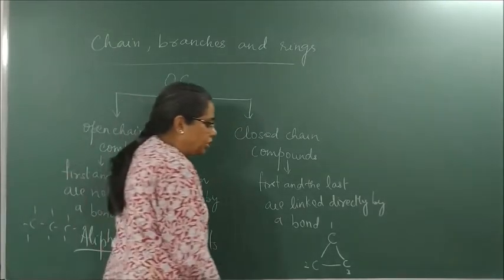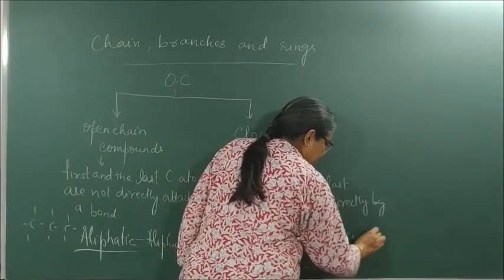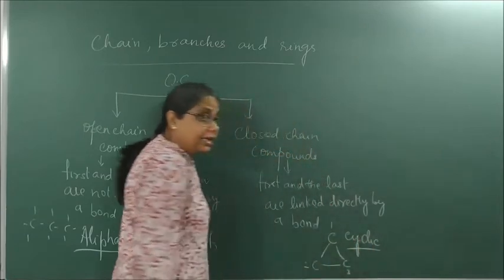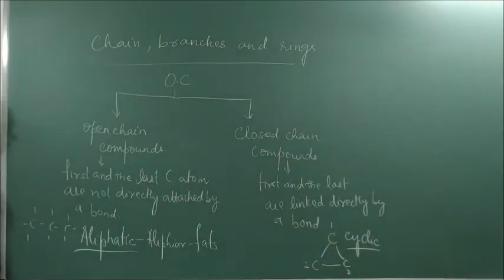Closed chain compounds are called cyclic compounds or ring-like compounds, because they form a ring. For a ring, how many carbon atoms are a must? 3 carbon atoms are a must. With 2 carbon atoms, you cannot form a ring. So 3 carbon atoms are a must for cyclic compounds.